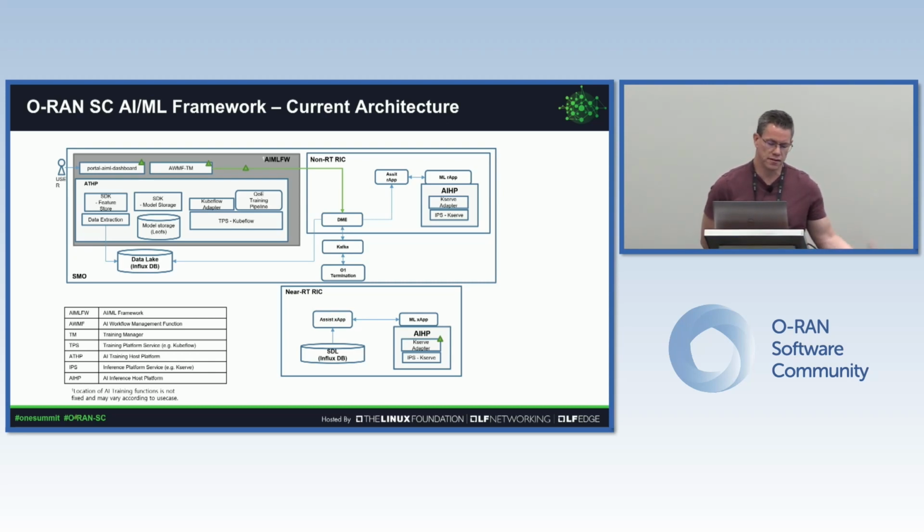For storing the information, they are using data lakes like InfluxDB, or KServe, which is a CNCF program. They're also proposing using Kubeflow. Those are some of the things they are proposing in creating this particular framework, which is in this gray box.